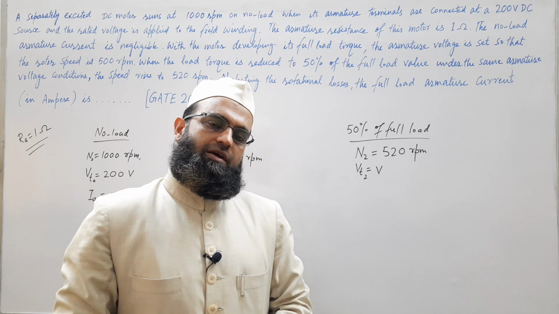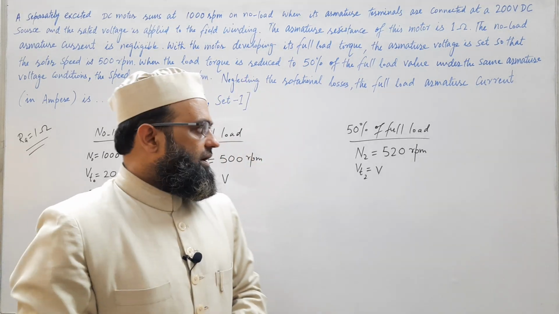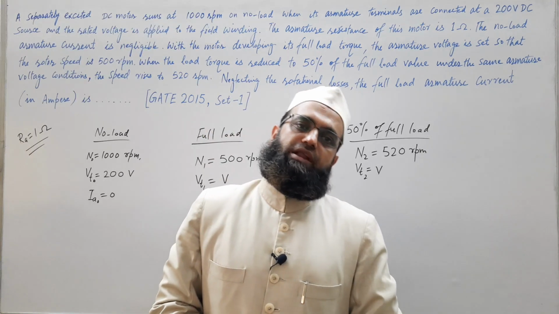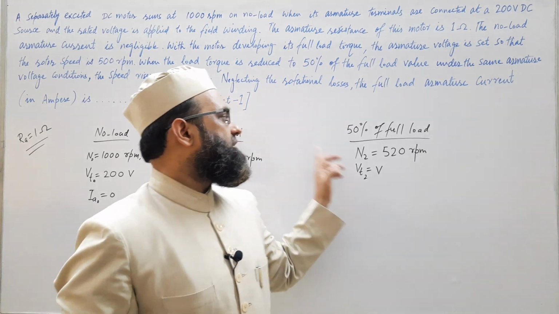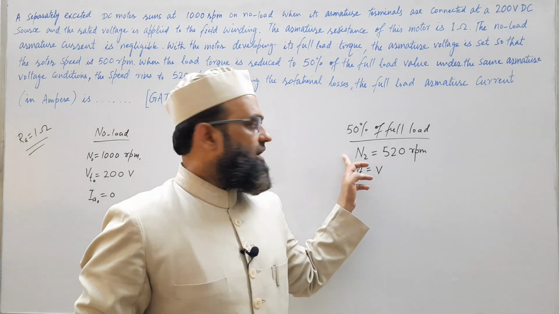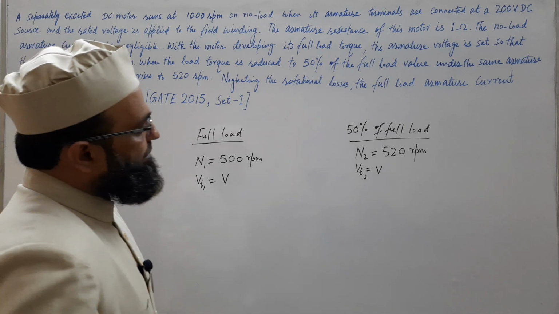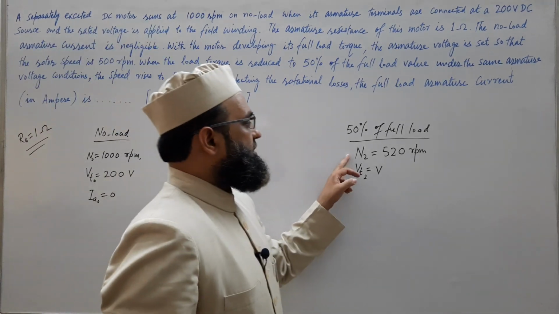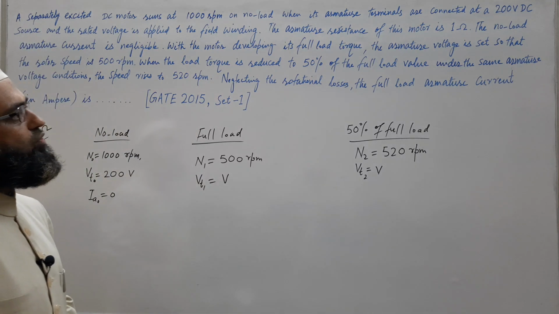Finally, after a certain time of acceleration, it stabilizes at a new equilibrium position where speed is higher than the previous case, and again speed remains constant, that is 520.